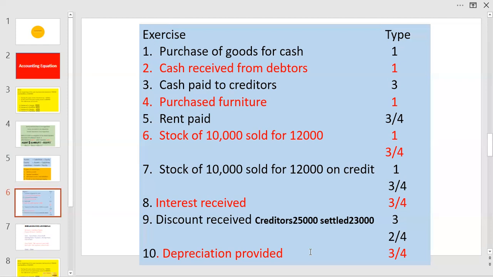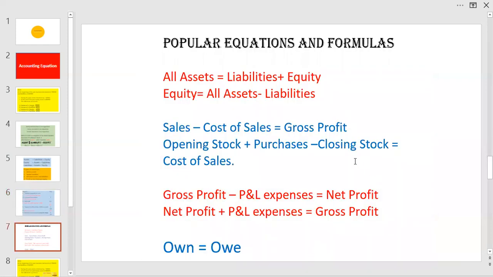Next, just to know, there are other equations as well. Not only the accounting equation, here as you see, the trading account equation, profit and loss equation. There are many other equations. Whenever the situation comes, we will learn about it.